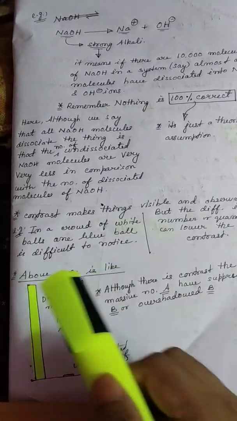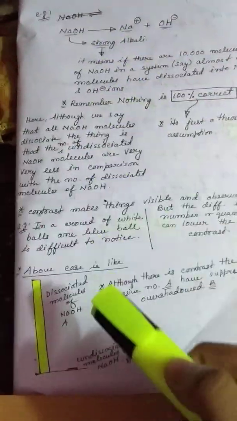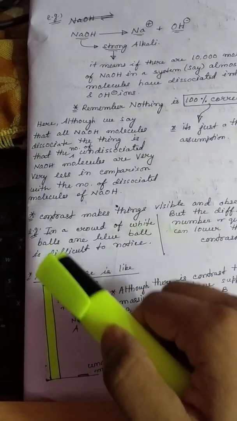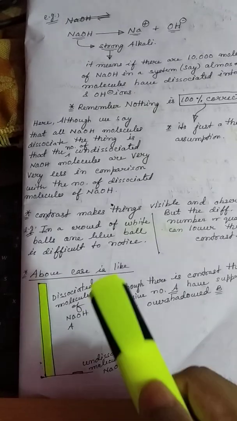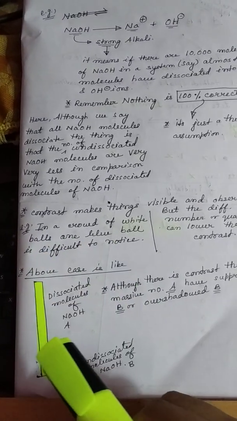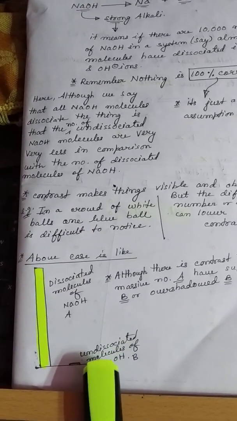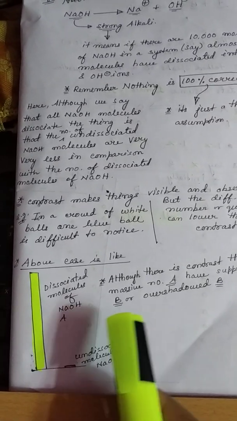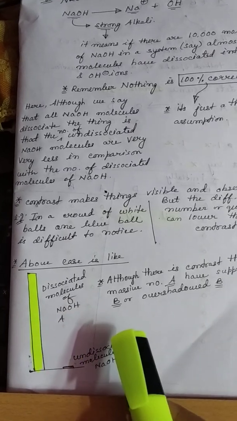This fluorescent yellow bar represents the number of dissociated NaOH molecules, and this tiny orange bar represents undissociated molecules of NaOH.